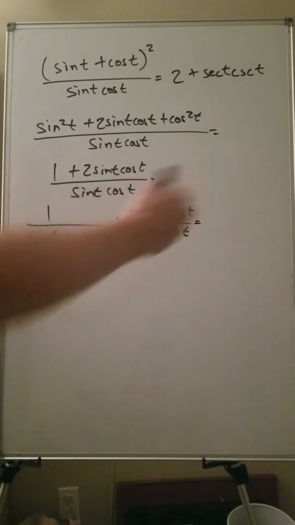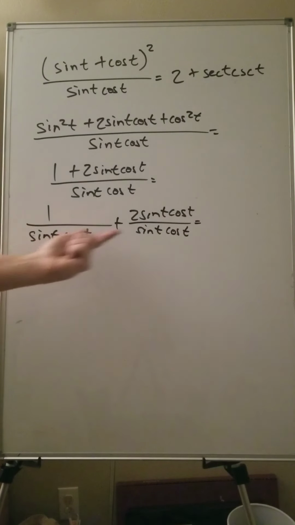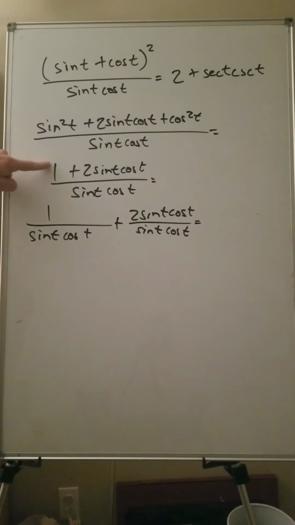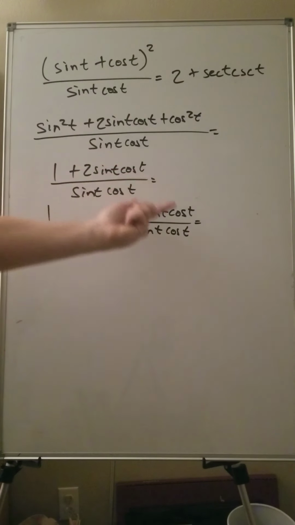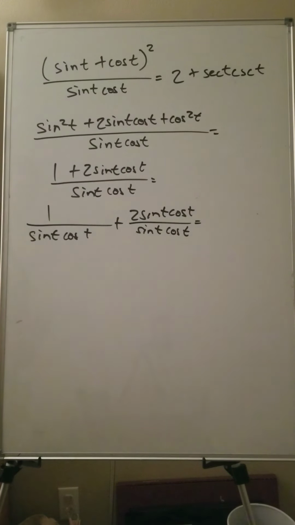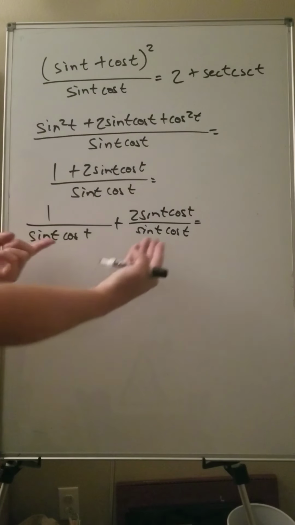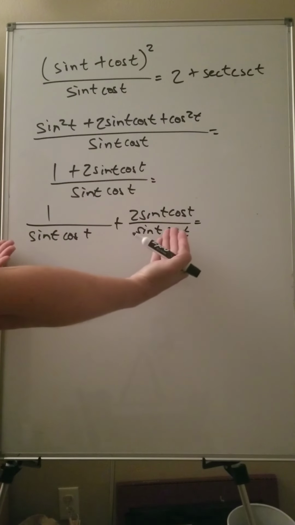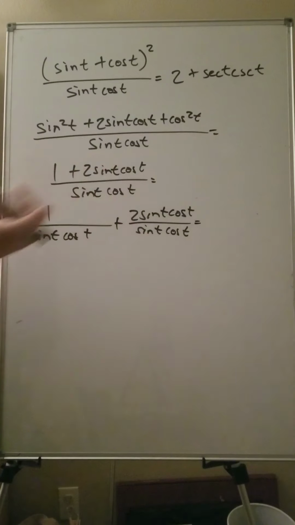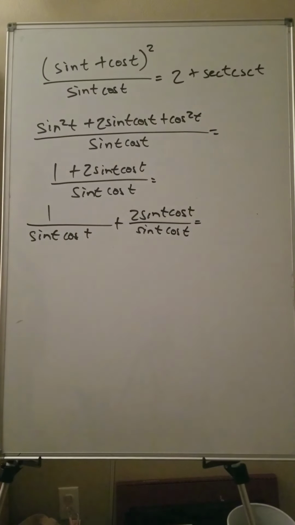So I just split the fraction up. The denominator is the same on both of these. It's the same denominator that I had. I put this term on top of this fraction, the other term on top of the other fraction. If I was going the other direction, I have common denominators, so I could add these together and it would be simply that fraction. I just split the fraction apart.